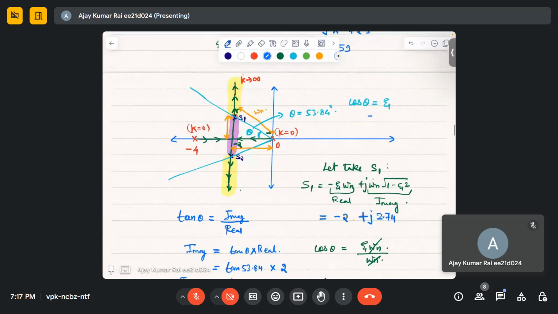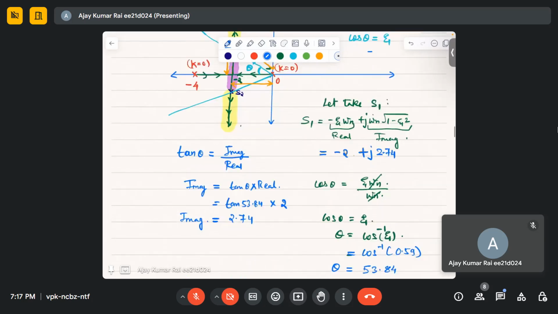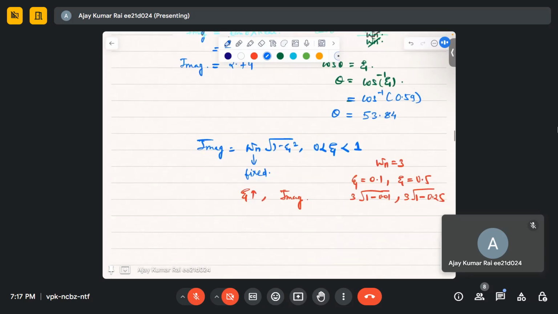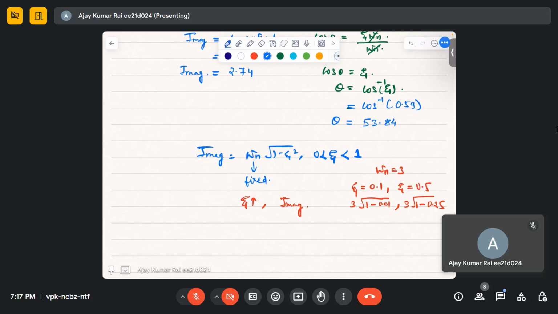So zeta is related to peak overshoot, right? You choose first, you get these two values.